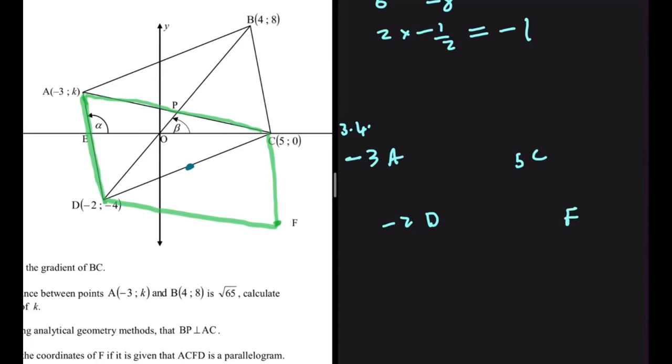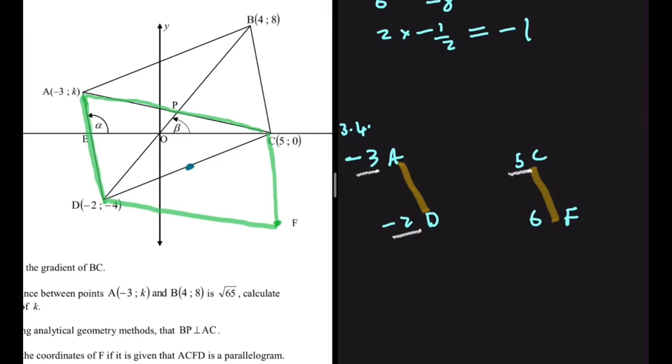The way the x values of A and D differ is the same way the x values of C and F are gonna differ if ACFD is a parallelogram. So here we have minus 3 and minus 2. You can see that from A to D is plus 1. Here we have 5. So for the x value of F, we must have 5 plus 1, which is 6. So we have covered the x value of F.